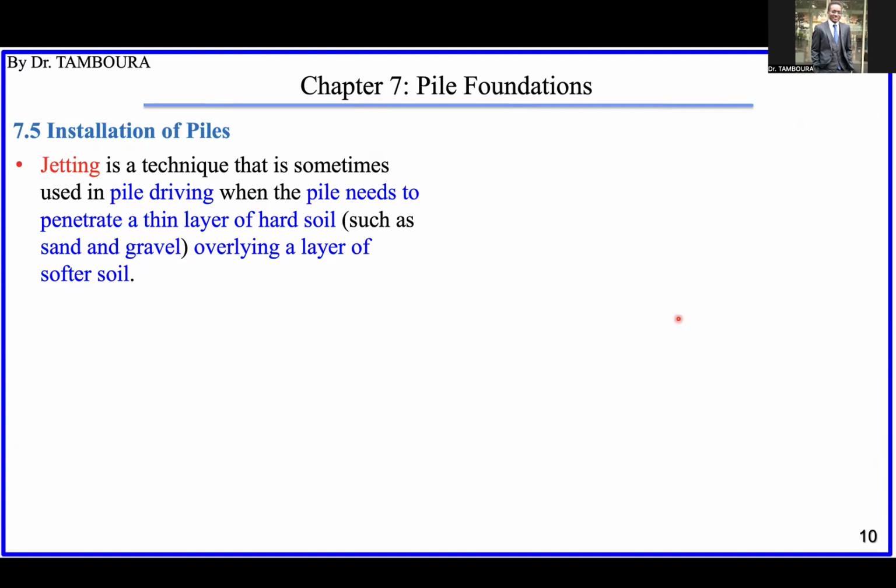So now we have a situation where you have a very thin layer of hard soil. Maybe your soil ground profile is showing that there is a small distance that is hard on the path of the pile.